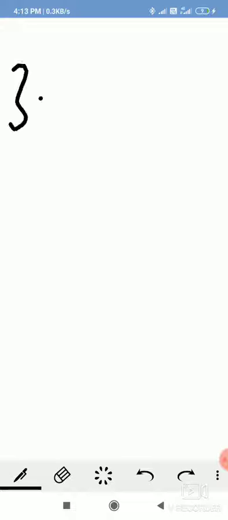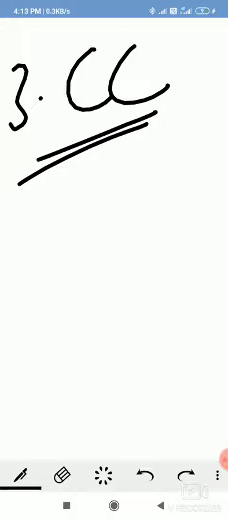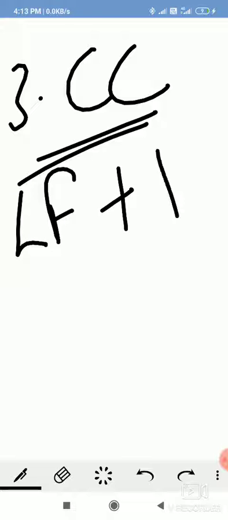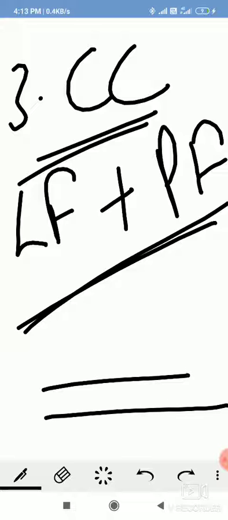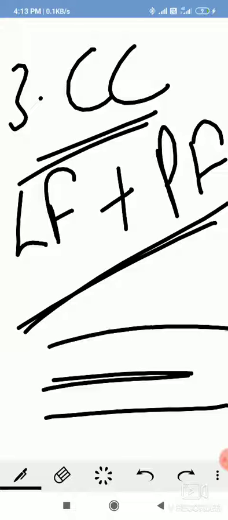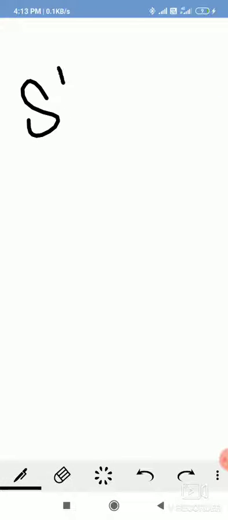Next are the composite cones. These are made up of lava flows and pyroclastic fragments arranged in an alternating manner, right? One is the lava flow, then comes the pyroclastic fragments, then lava flows, then the pyroclastic fragments. These are also known as stratovolcanoes.